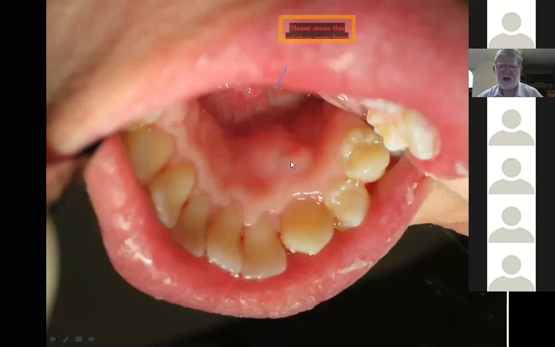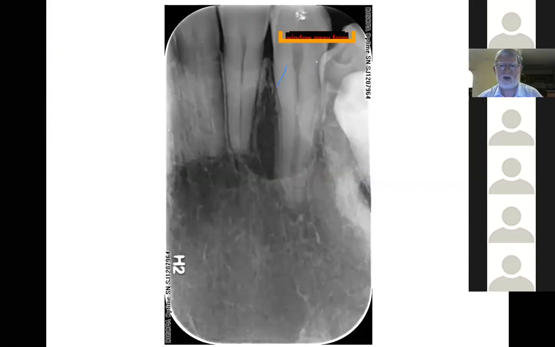He said that area is a little bit tender. And we took this PA. And this is the only time I've ever seen this. Just outlining this for you: a solitary bone cyst, a sort of teardrop shape.